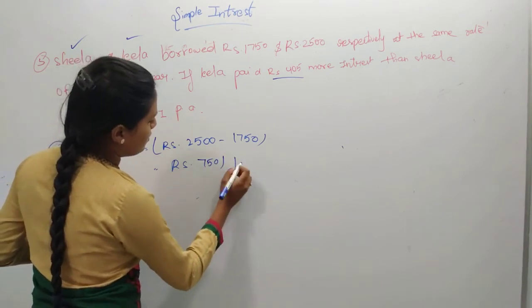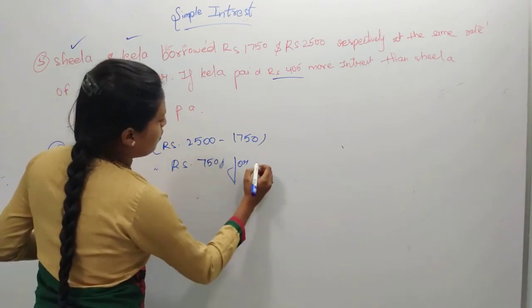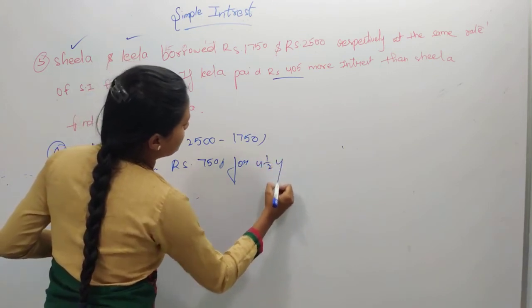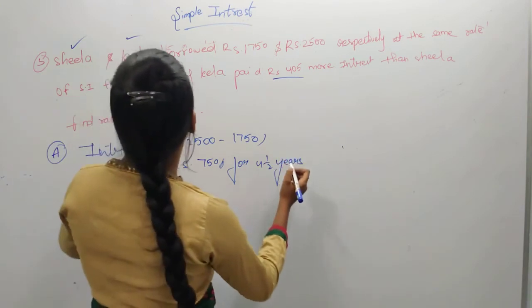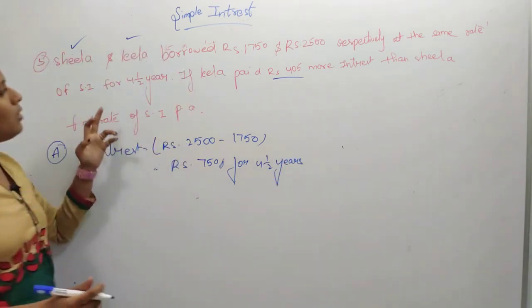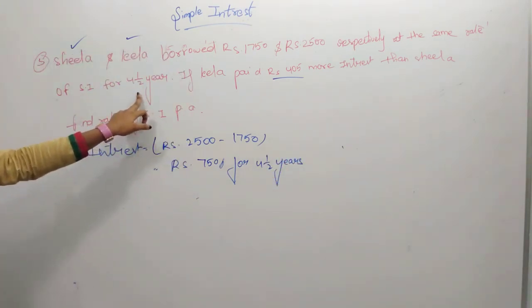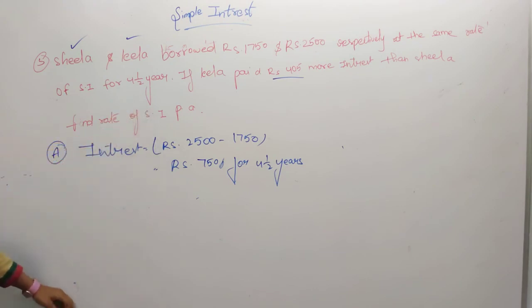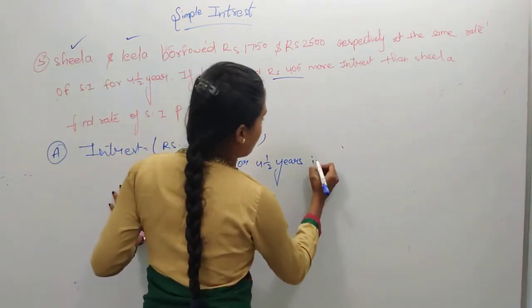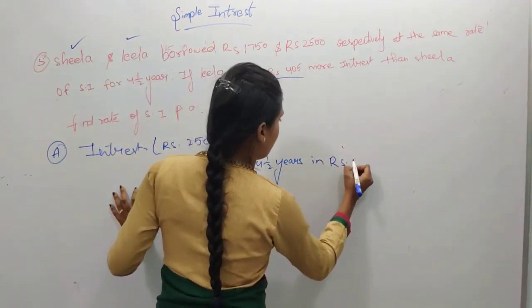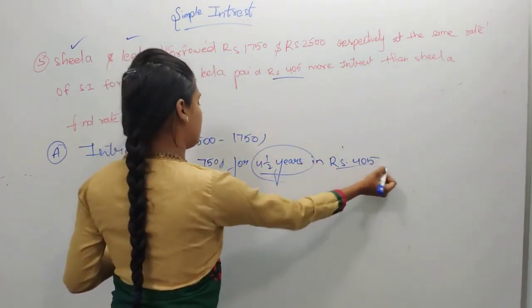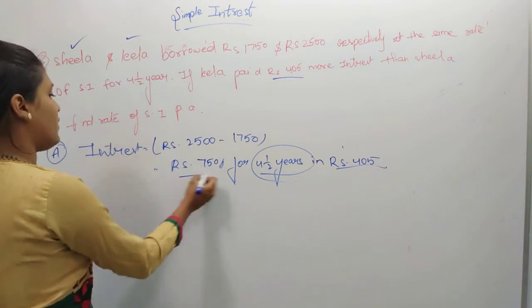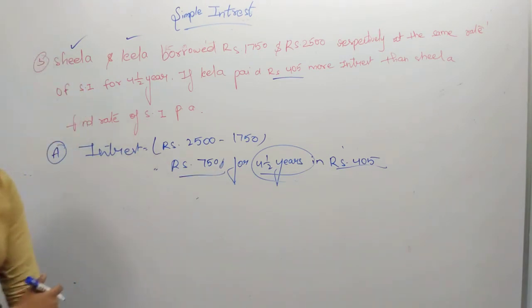For how much time? 4 whole 1/2 years. The interest is rupees 405. This is the period of time. Here the principal is given as rupees 750 and the interest is rupees 405.